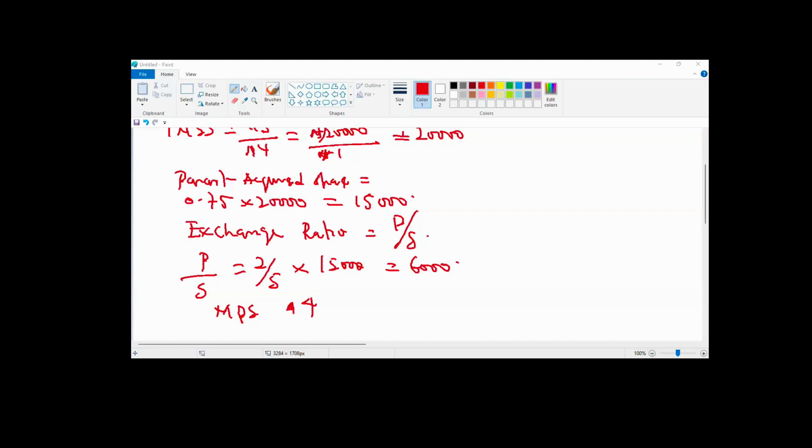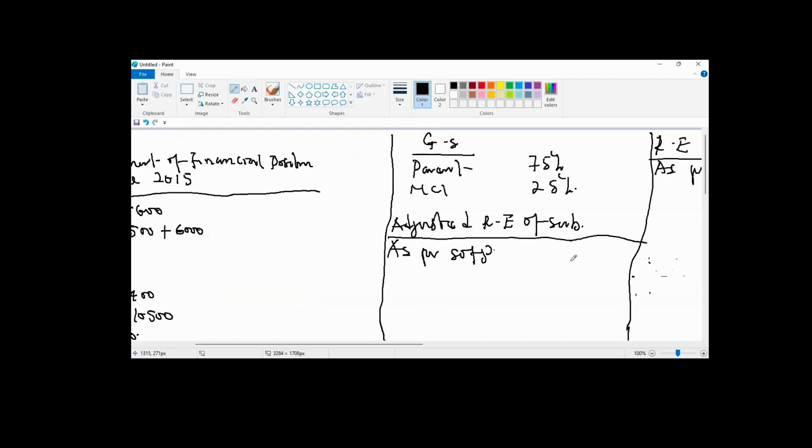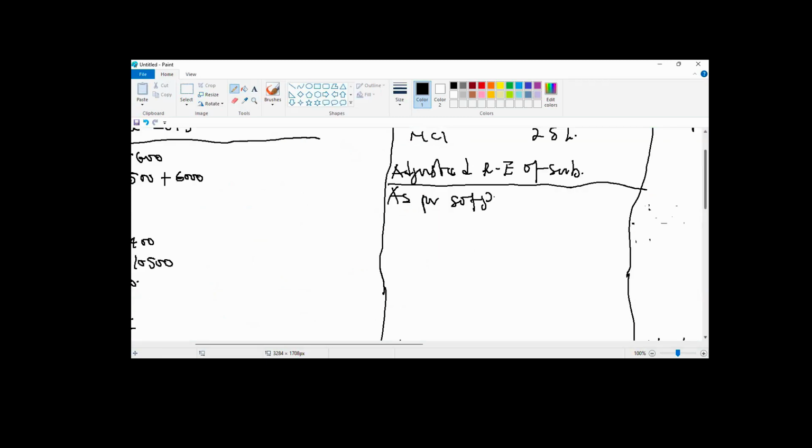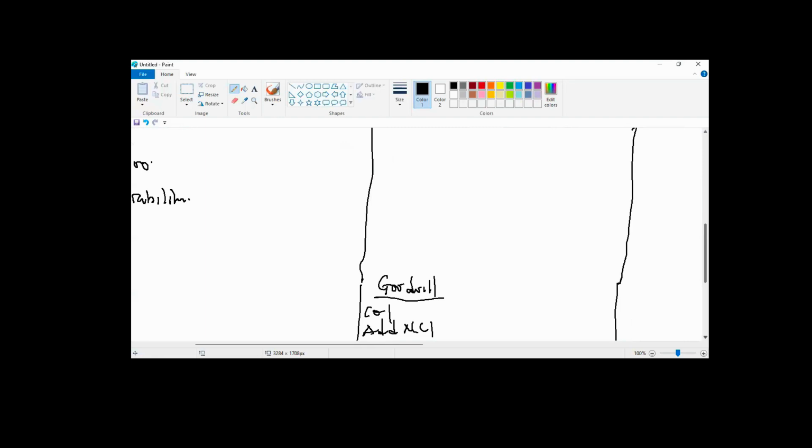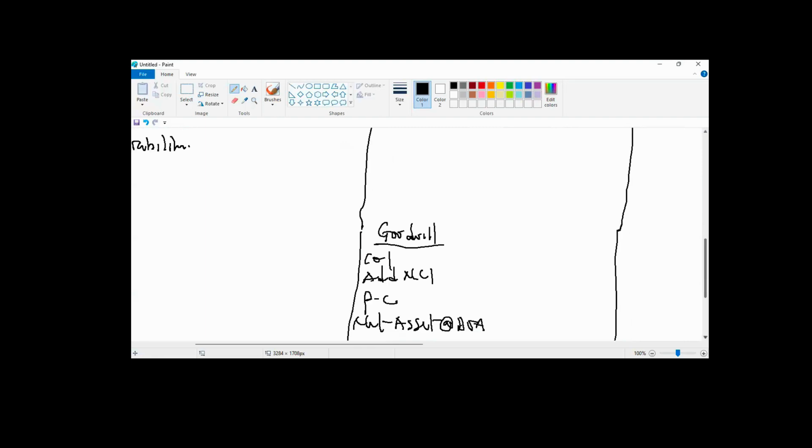I can put what I'm being told. Go to my goodwill calculation and NCI at the date of acquisition. 5,000 times 3 naira, which is 15,000.